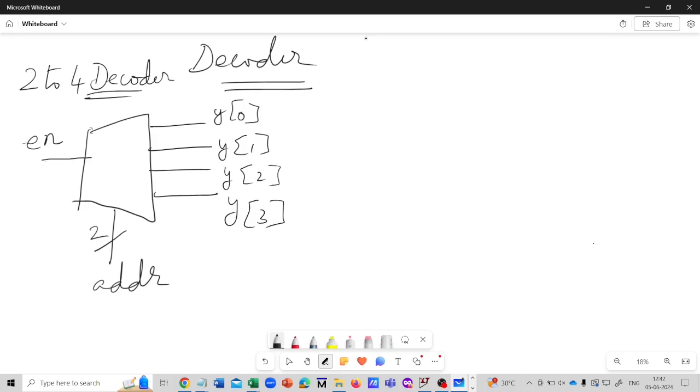So the use of the enable, apart from the functional utility, that is, you can disable a particular memory, that is from the memory addressing perspective. So apart from that, the enable input can be used for preventing spurious transitions in the address line from entering the logic and causing unwanted glitches and unwanted dynamic power dissipation.